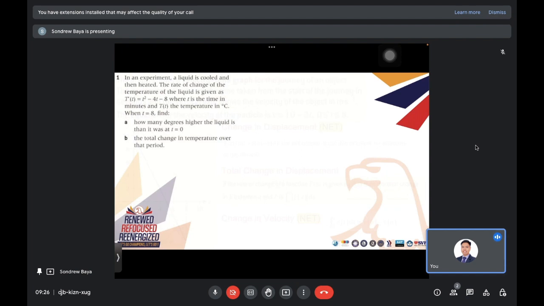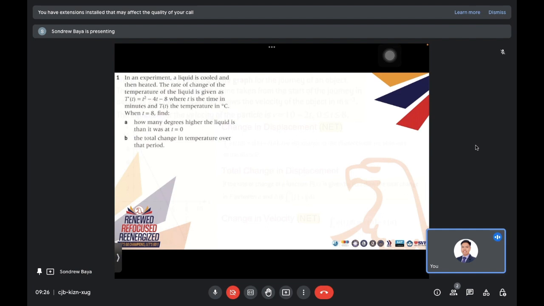So if you have read the situation here, you can find out that we're given the function of the temperature, capital T, with respect to time, small letter t. For you not to be confused, you can use other variables other than both being t's, because that might be confusing.